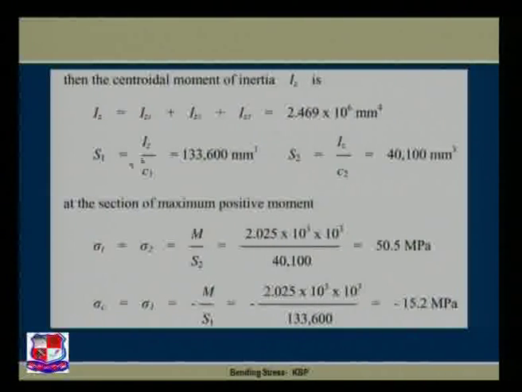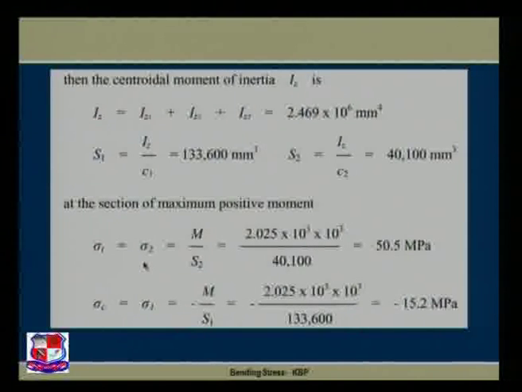So we can find the section modulus. Here you can call them Z1 and Z2, because C1 and C2 are two different things. Our intention is to find the top compressive and the bottom tensile stresses. So these are the two different answers for the section modulus.